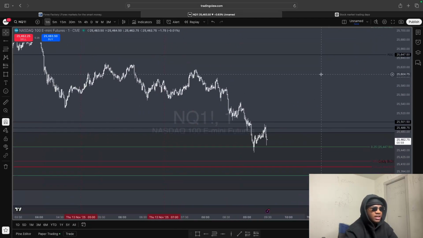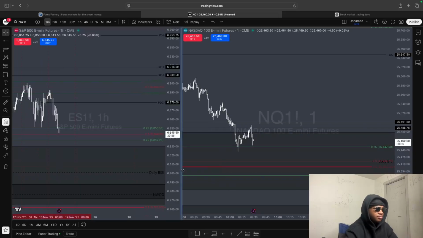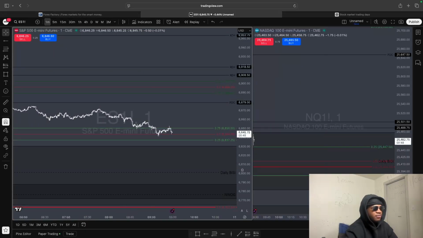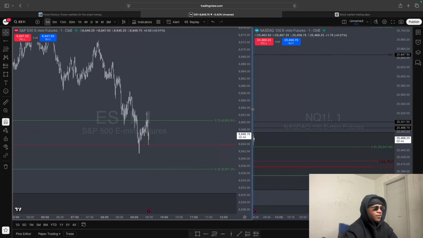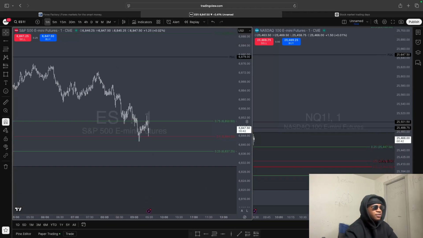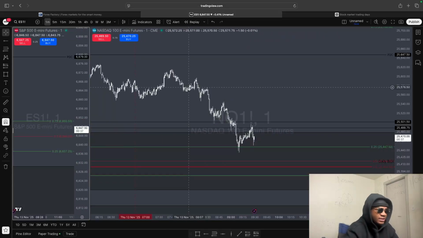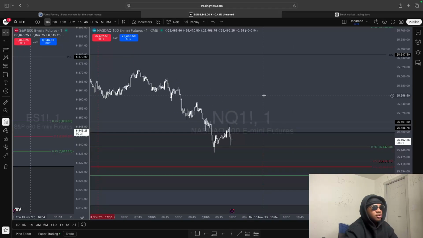Since it's a discount gap type of day, I don't want to see all of the discount gap get filled, but depending on how big it is, either the 0.25 of it or the half of it. Coming to the market, I already know what type of day it is, I already know what the business is, and we're gonna see what this market does on open.